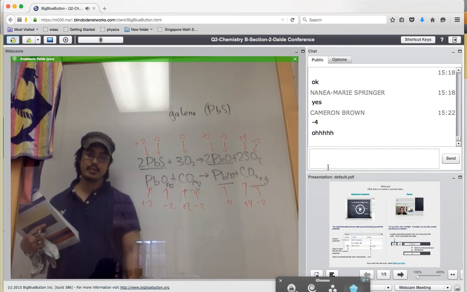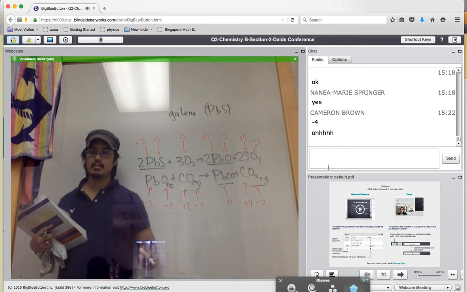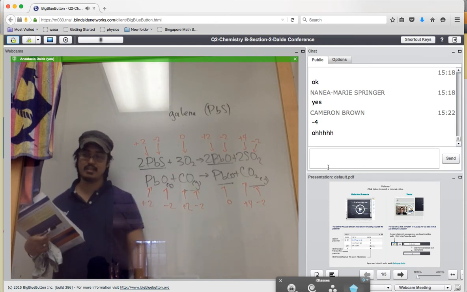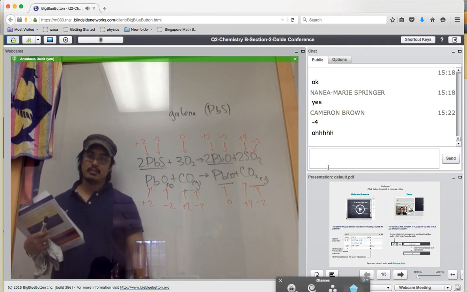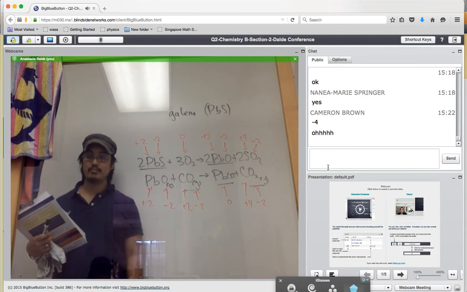The one that went down in oxidation number is your oxidizing agent. Which one of these elements went down in oxidation number? The Pb. The lead. Because it went from +2 to 0. Yeah, it went down. What is your oxidizing agent? Lead. Which one is your reducing agent?